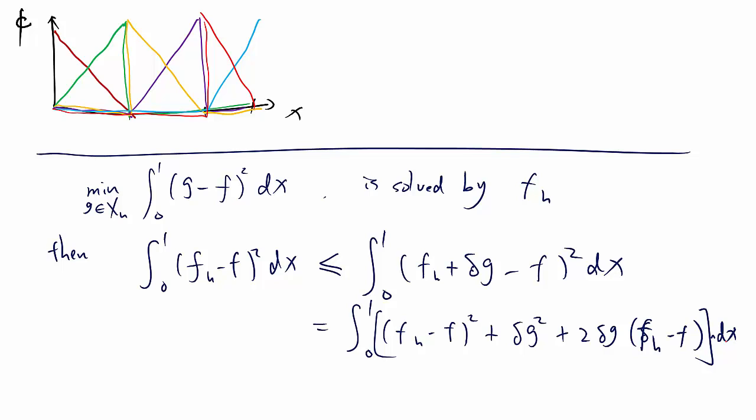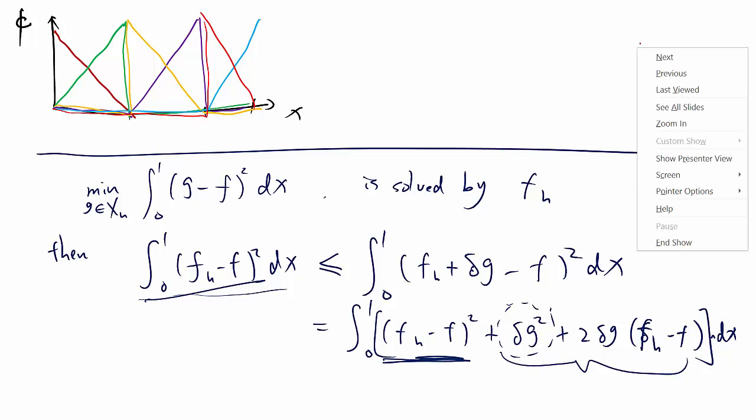First of all, this and this are the same thing. So it basically means this thing has to be greater than 0 for any delta g. And in particular, if I choose delta g to be very, very small, then the square term is going to be small compared to the delta g term, because the square of a very small number can be made much smaller than delta g itself, right?